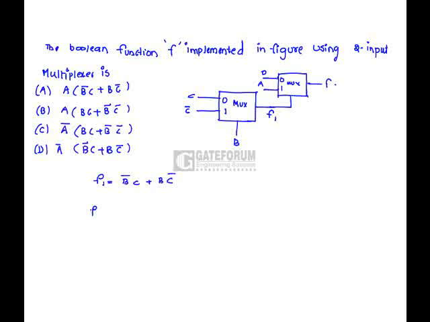So f is nothing but f1 bar into 0 and f1 into a, which is equal to a into f1, that is a (b bar c plus b c bar). Hence option A is correct.